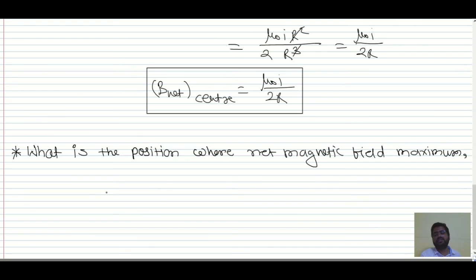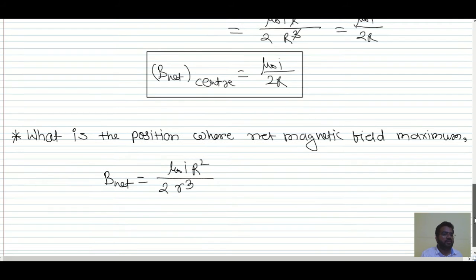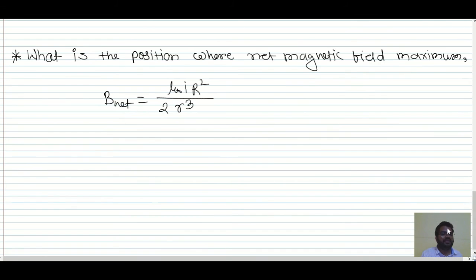And as you can see, the net magnetic field we have is equal to mu naught I R squared divided by 2 times r cube. This indicates that as we increase r, the net magnetic field will decrease, right?